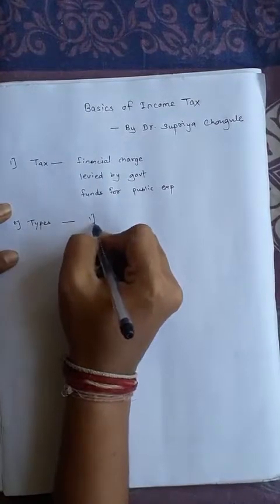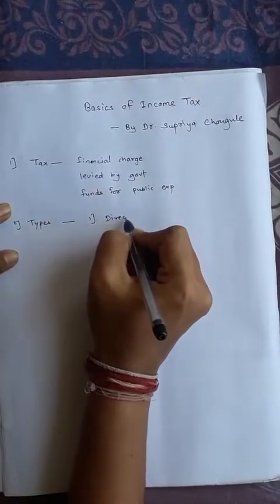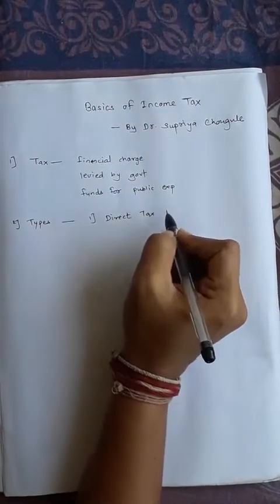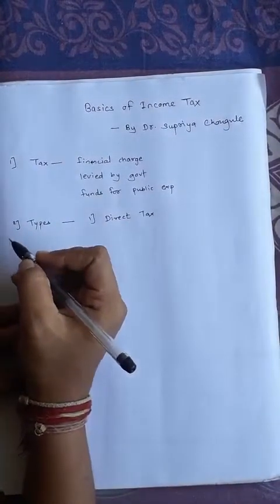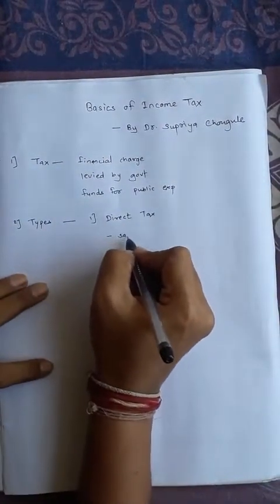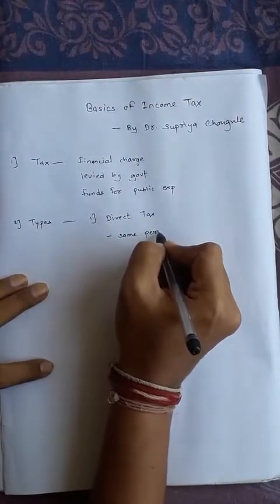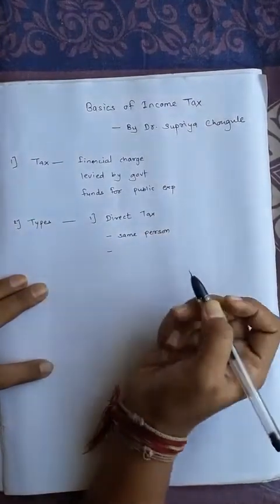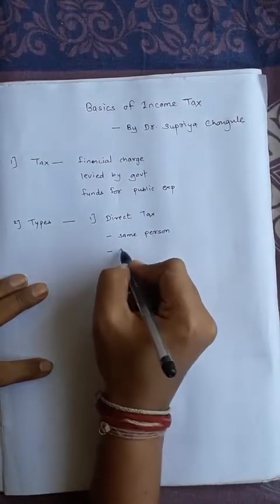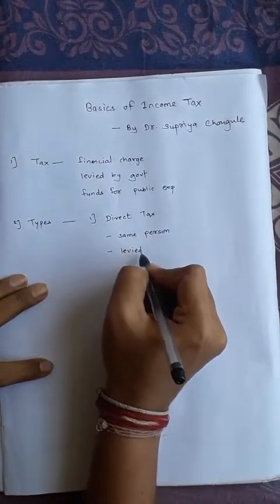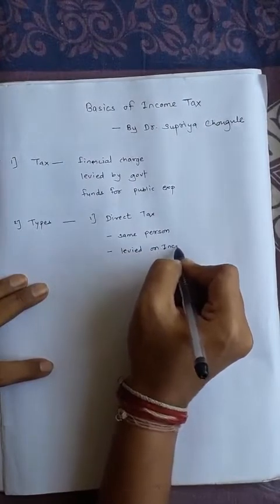First is direct tax. Direct tax is levied on, or has impact on, the same person. The second important aspect of direct tax is it is levied on income of a person.